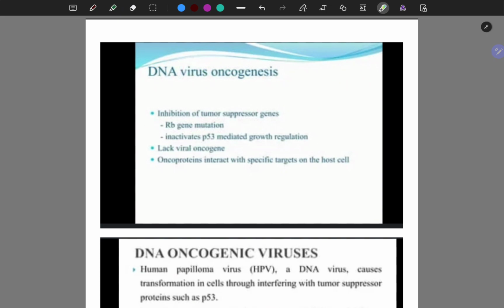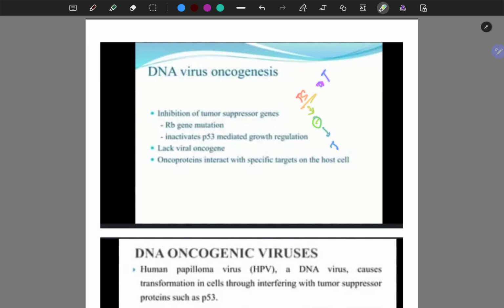So always, for any oncogenesis, just remember these 2 things: retinoblastoma gene, p53 gene. These are tumor suppressor genes. If a mutation happens, if tumor suppression is inhibited, then a tumor occurs.